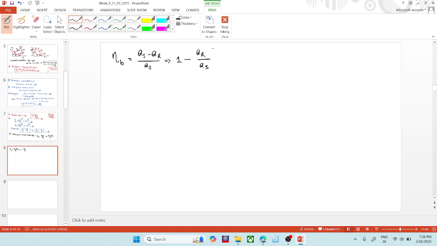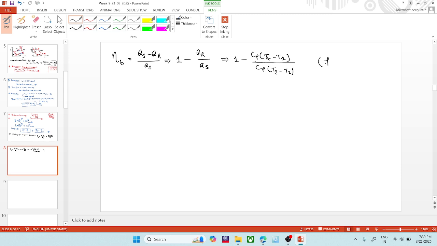Now from equation number 3 and 5, we can write the expression for this QS and QR, and that would be 1 minus Cp into T4 minus T1 divided by Cp into T3 minus T2.